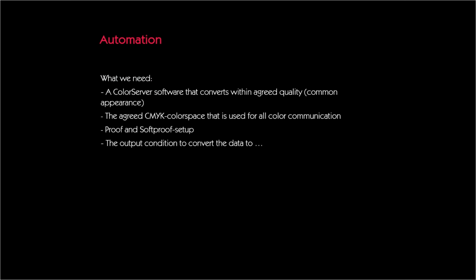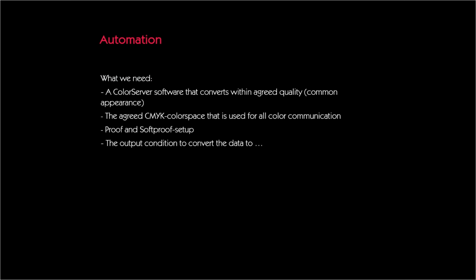We need the customer to understand and to use this master color space. We need a proof setup, a soft proof setup, so the color can be seen and approved or judged. And we need software with the pre-installed profiles to do the conversions. In the end, we need to know our output conditions, how the productions will run.